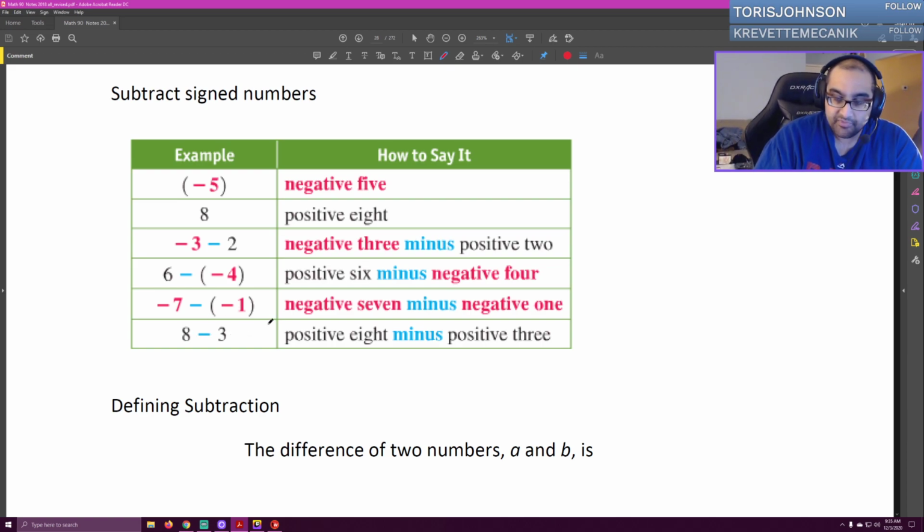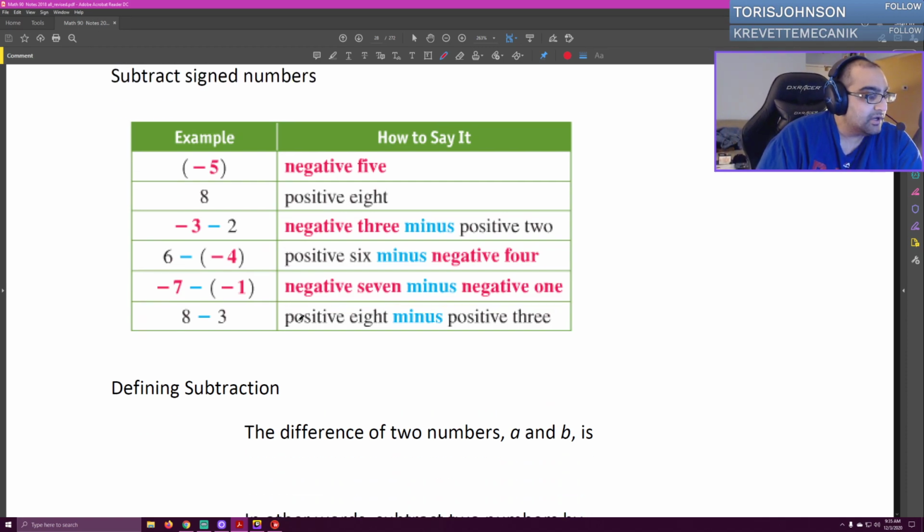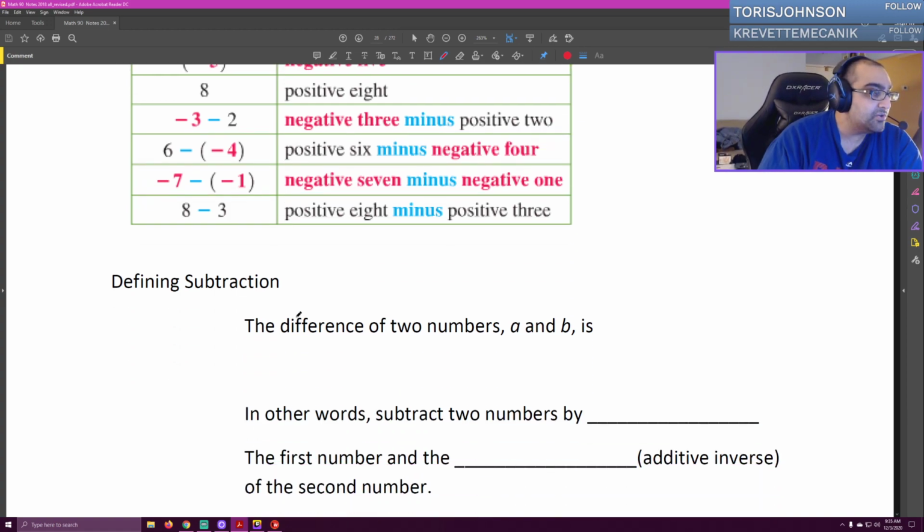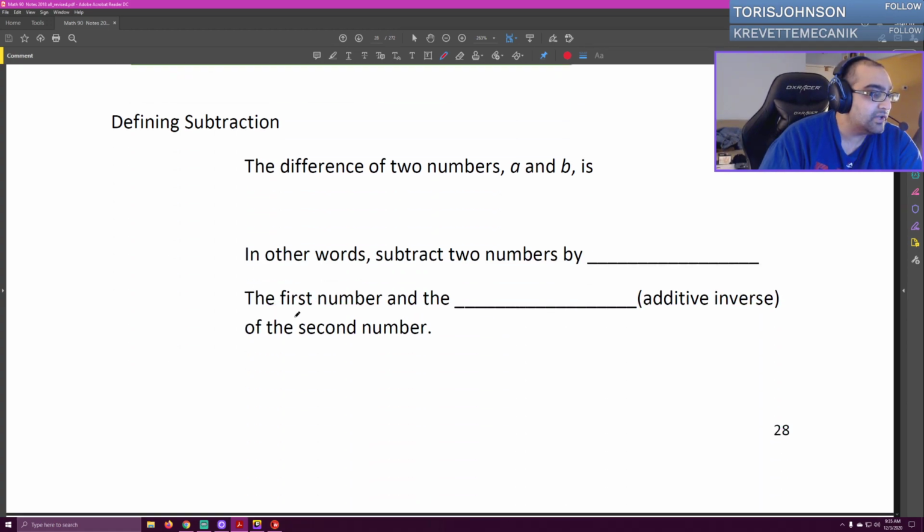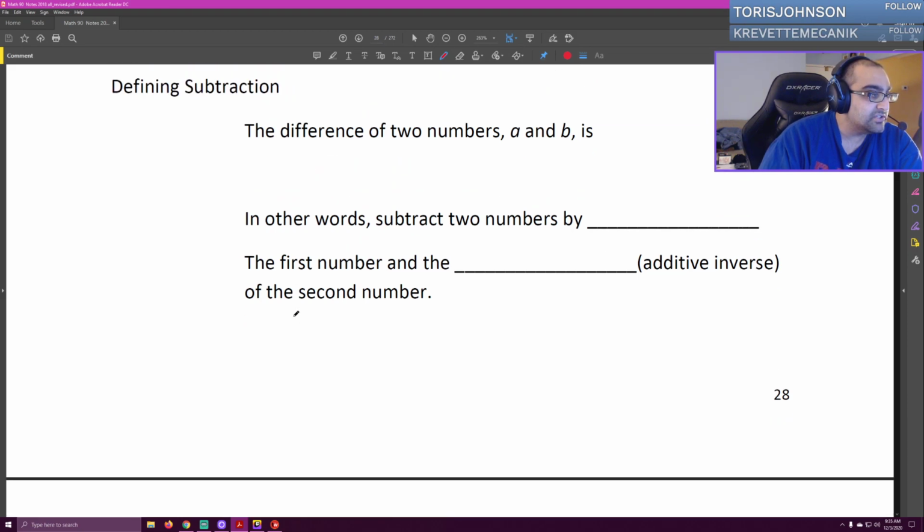All we're going to be doing here is taking a couple of techniques in order to do subtraction, and that's going to have to do with what we talked about on Tuesday.